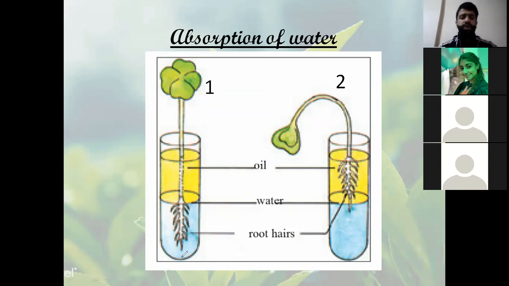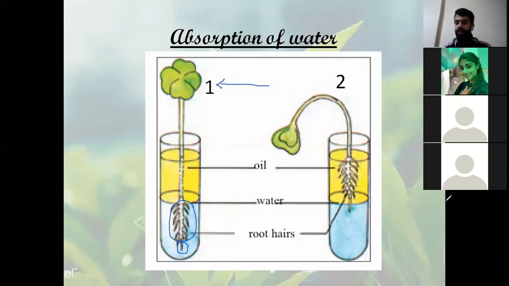In plant 1, this is the root cap and these are the root hairs. Are they in water or in oil in plant 1? They are in water. What happens to the plant? It grows well, tall and green.